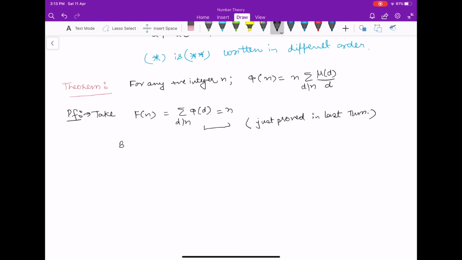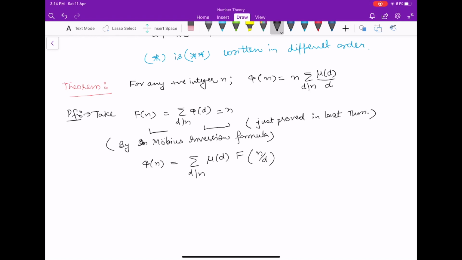So by the Mobius inversion formula, it will give me phi n equal to the summation of mu d times capital F of n by d, where d divides n. So if I apply the Mobius inversion formula here on this side, we should be able to get this.